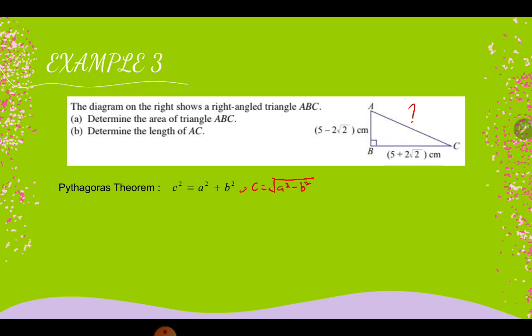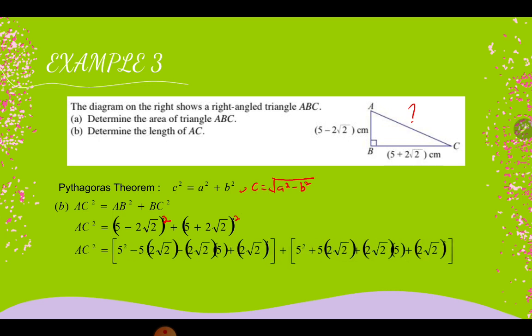So, by this formula, we can say that AC squared is equal to AB squared plus BC squared. We have the length for AB and BC, so just substitute in the formula. Again, this is squared, so expand.